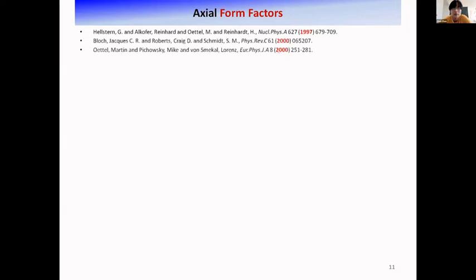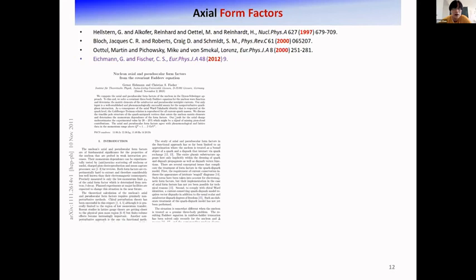The first one was published in the last century, and after 3 years, we have another 2 papers. These 3 papers were all computed in the quark-diquark framework and also computed in the chiral limit. After 12 years, Gernot Eichmann and Christian Fischer computed the nucleon's axial form factors in a 3-body framework.